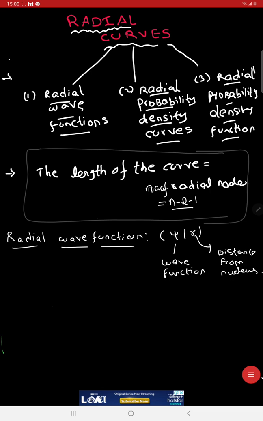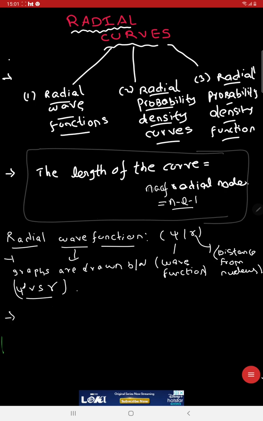Have you understood? Yes sir, I have understood. Now the wave function against the distance from the nucleus is simply psi versus r, and graphs are drawn between psi versus r. This is the most important point.